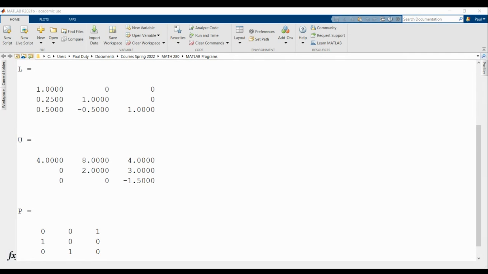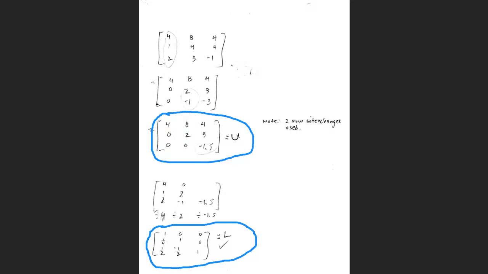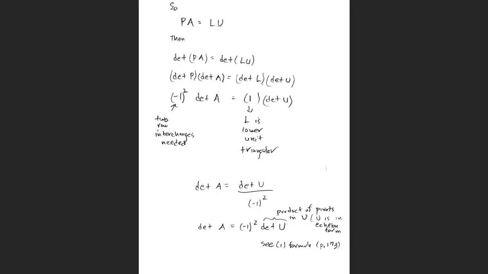Okay, so we did the LU factorization. And let's take a look here. Now, you're right, Mikhail, we know that P times A equals L times U. Okay, we know that for our example.